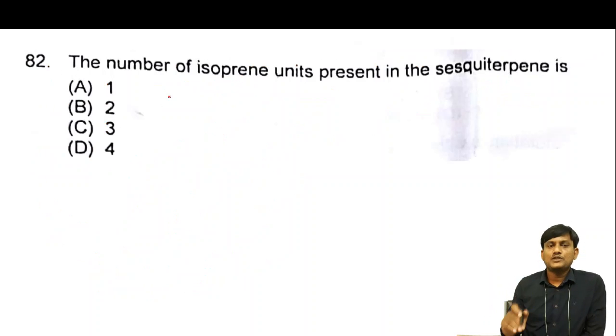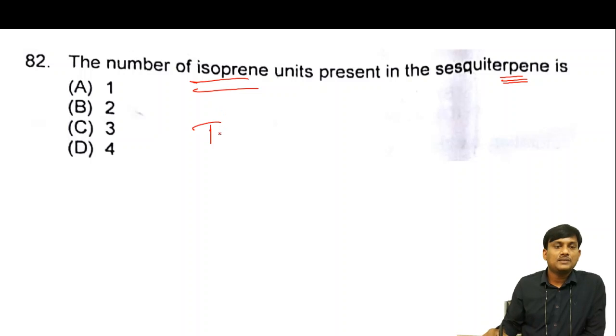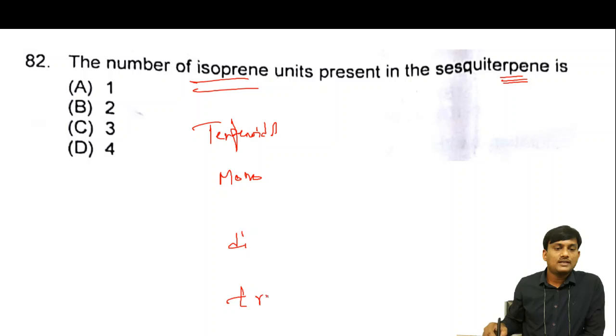The number of isoprene units present in the sesquiterpene is? Okay, in terpenoids, we have isoprene units. Based on the number of isoprene units, you can classify terpenoids into monoterpenoids, diterpenoids and triterpenoids.